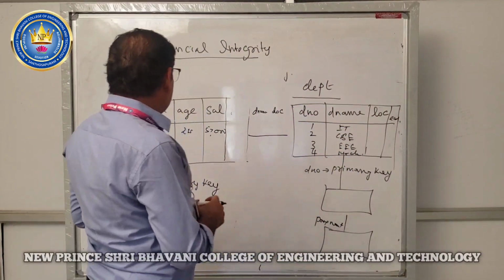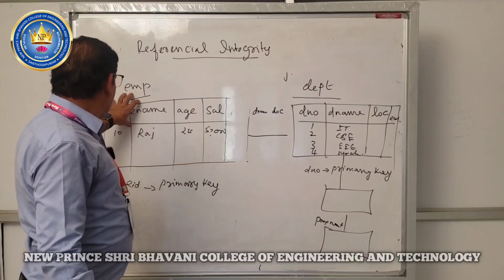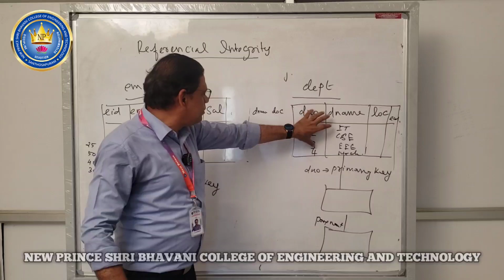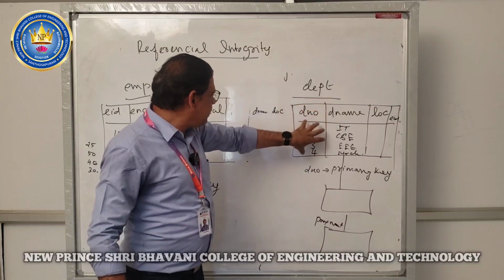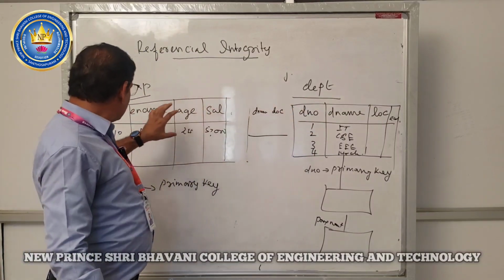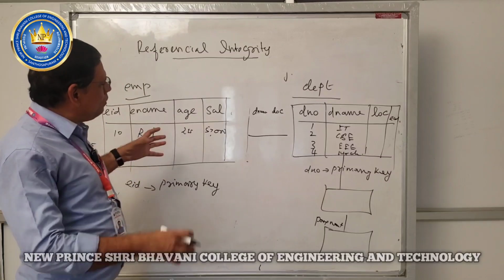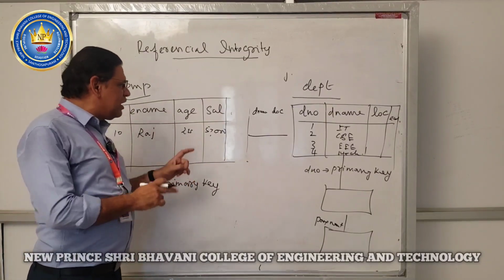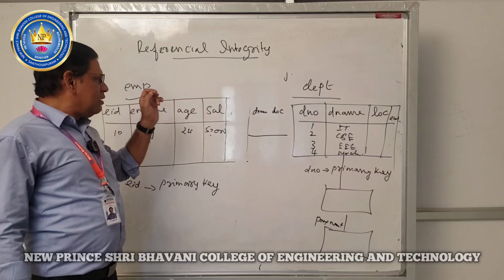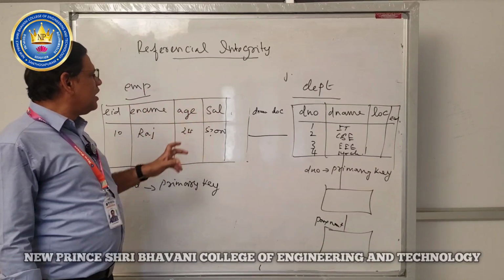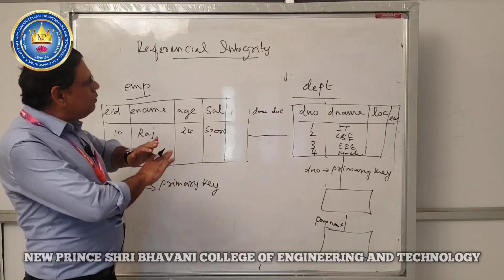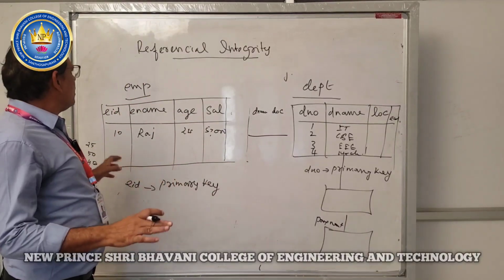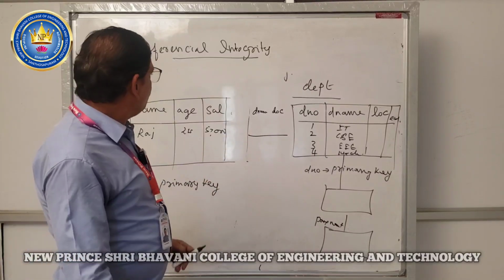But the thing is, this table's primary key can be the foreign key of this table, or this table's primary key can act as the foreign key of the employee table, whatever it may be. But strictly, if you want to have a relationship between these two tables, we must have the primary key and foreign key relationship, and that is applicable everywhere in that relationship. So this is the first topic we have seen.